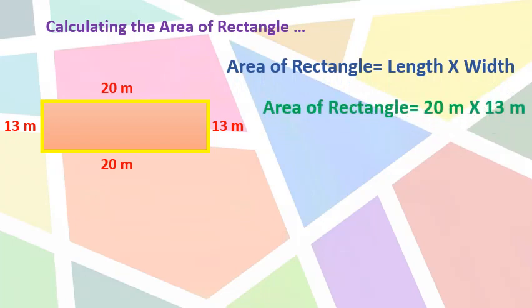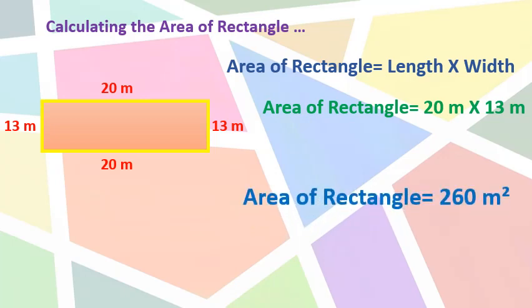Area of rectangle is 20 meters times 13 meters. Area of rectangle is 260 meters squared. Now, how did we find the answer? It's simple. We have 2 and 13. We're going to multiply them aside, and the answer is going to be the product of 2 and 13. The answer is going to be 26. Now, this 0 that you can see, we're going to drop it down. And don't forget to put the unit meter squared.